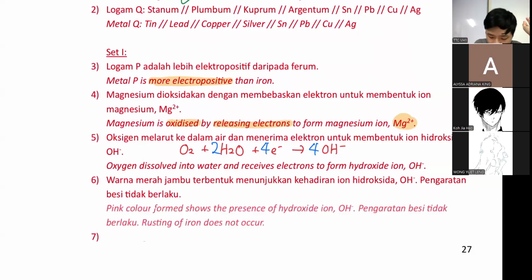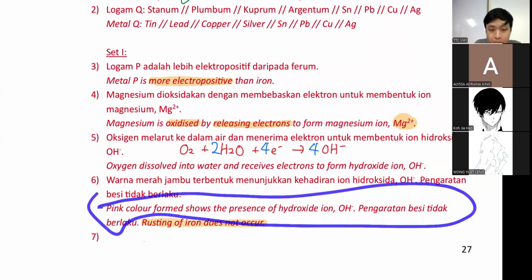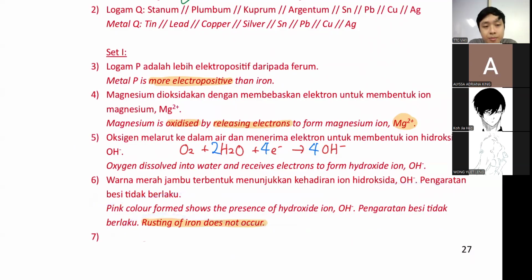Number 6: pink color shows the presence of OH minus. And the important point is, rusting of iron does not occur. Even if you forget to write the pink color one, it's okay. But you should say rusting of iron does not occur.